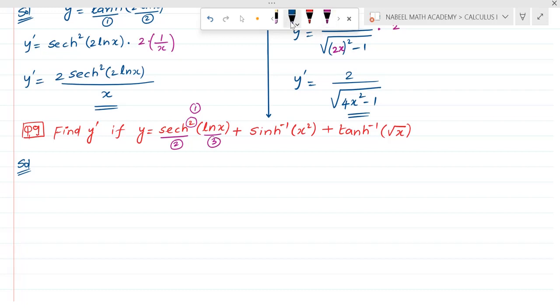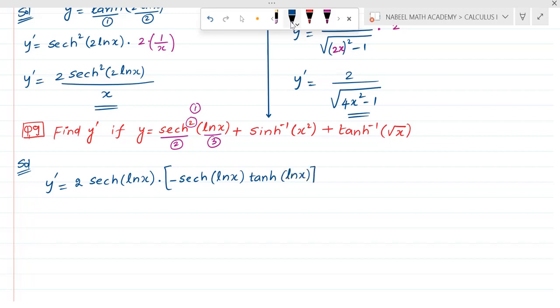Let us try. First, y prime is equal to 2 times sech ln x. The power is over. When you differentiate the sech, it becomes minus sech of ln x times tanh of ln x.